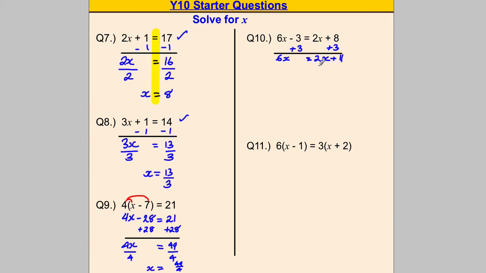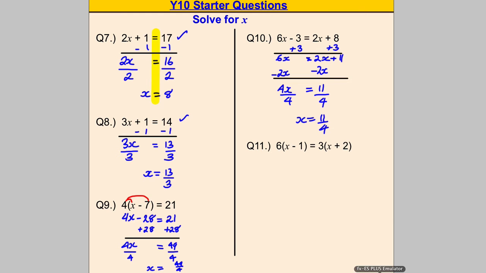And then I'd subtract the 2x off both sides to bring all the x's together. So I'd subtract the 2x there and subtract the 2x there. And what would I have? I'd have that 4x is equal to 11, and then divide both sides by 4. X is equal to 11 over 4.